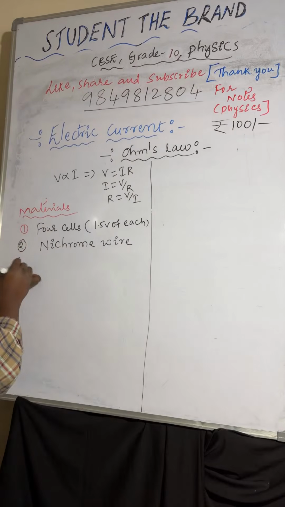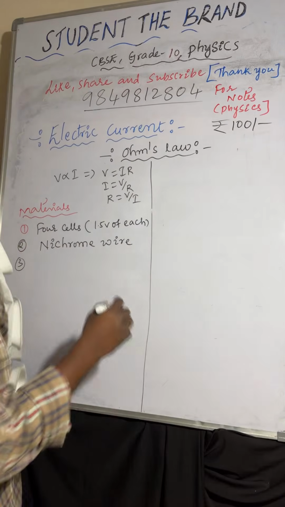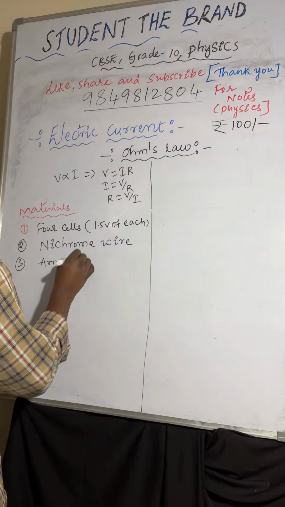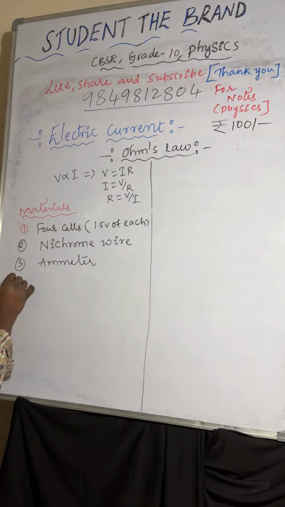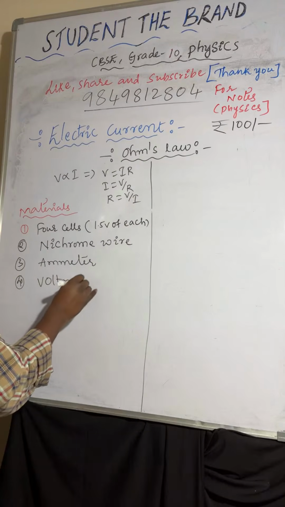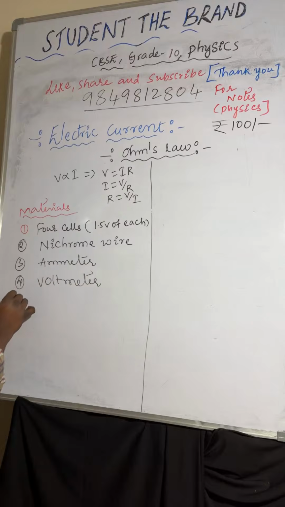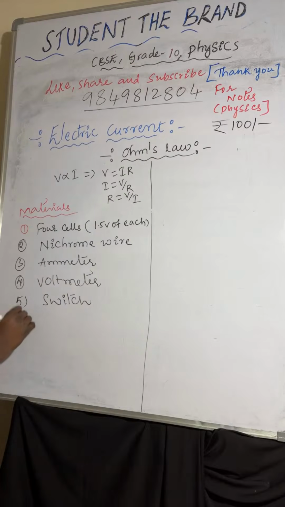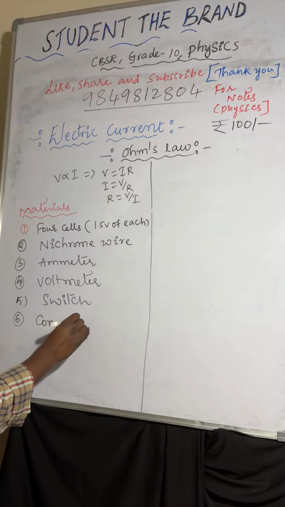Third one is the ammeter. Next one, voltmeter. Fifth one is the switch. And sixth one is connecting wires.